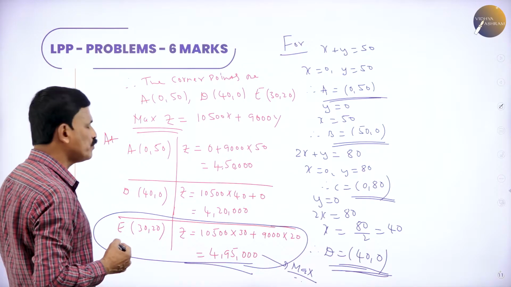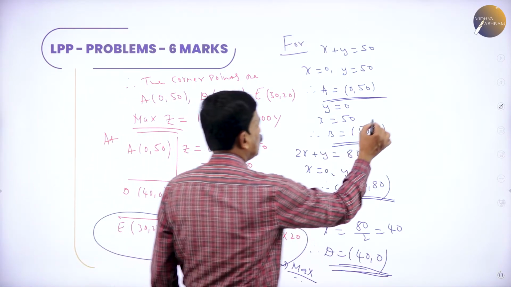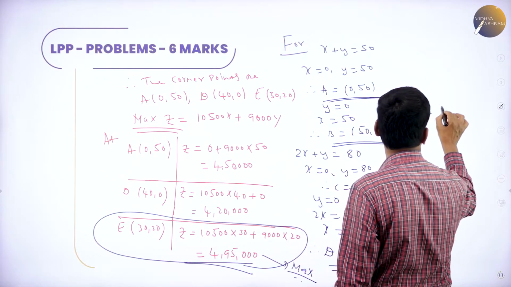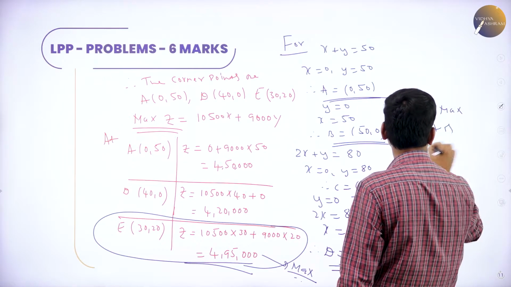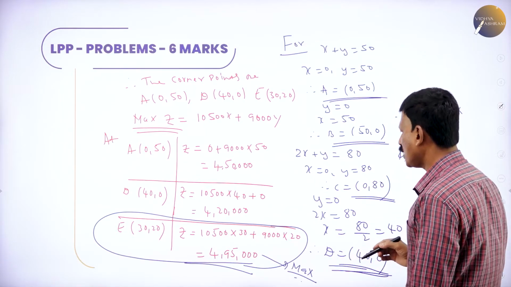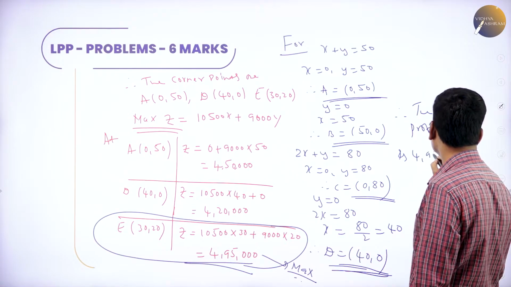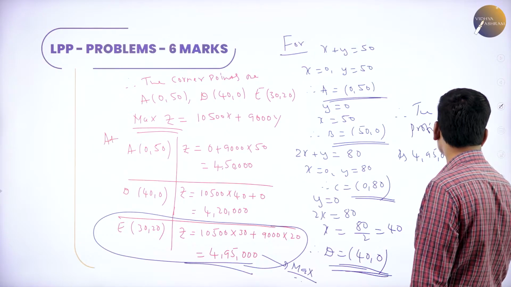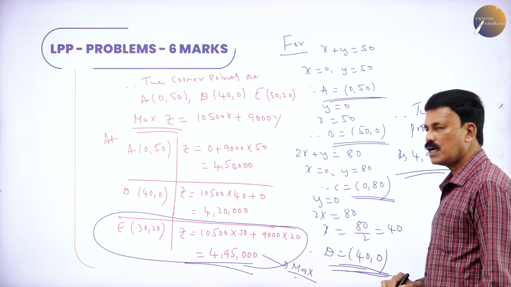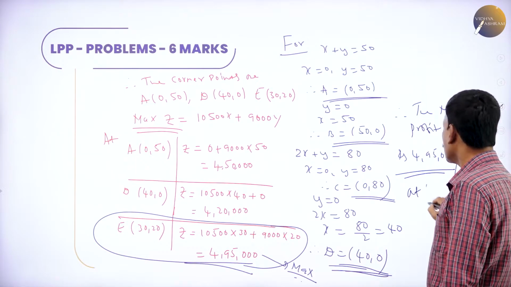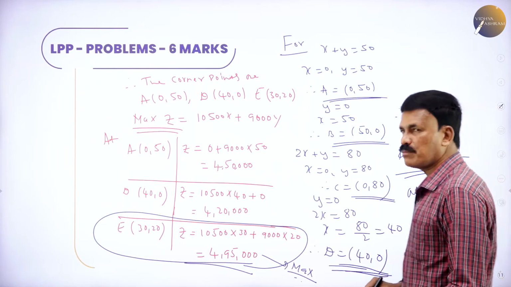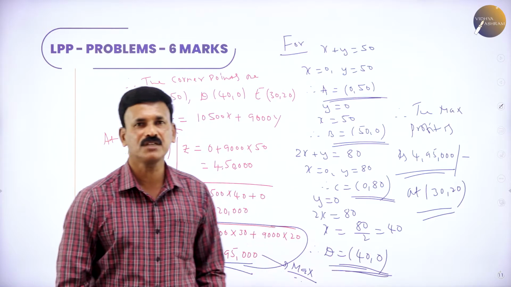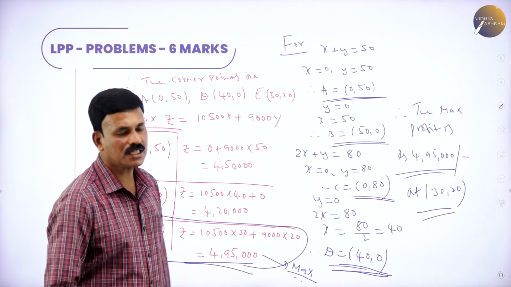So the maximum profit we are going to get is rupees 4,95,000 at (30, 20).